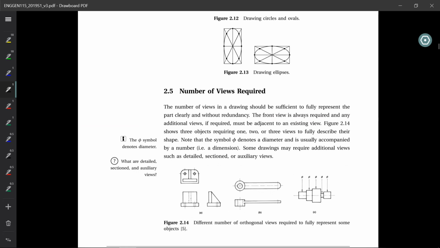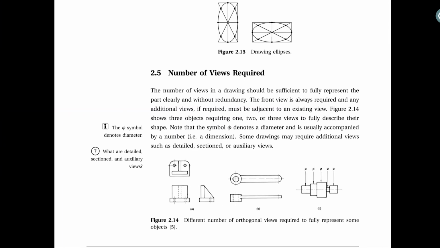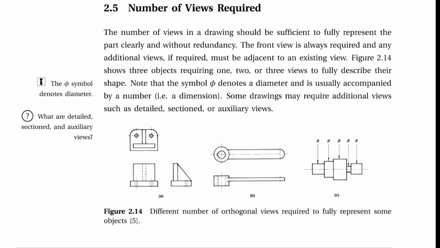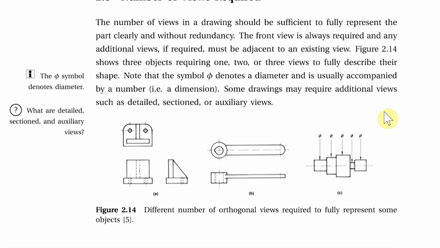The normal answer would be 3 views, to avoid any confusion. With some parts, because they are simple, you may get away with 2 views, like this shape shown here. In this case, you probably don't need to draw the right side view because it's not going to add any new information. And there's no ambiguity because there's no other possible solution.